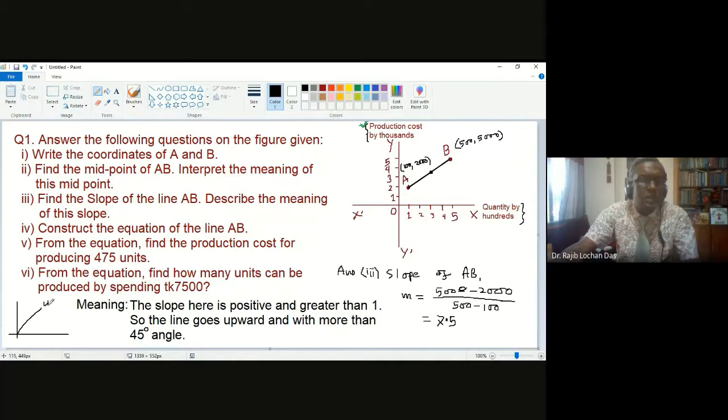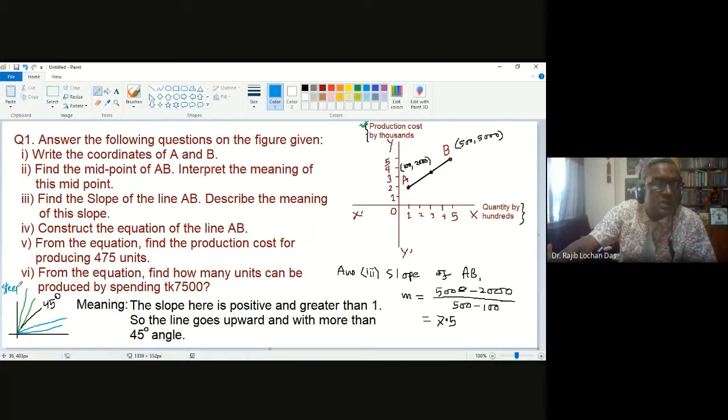This is 45-degree angle. So when it is more than 45, that means it is in the upper side. It will be like this. And if it is less than 45, then it is in the lower side. So it will be like that. So more than 45 means the line will be steeper. In Bengali it is khara. Okay, line is steeper or flat.